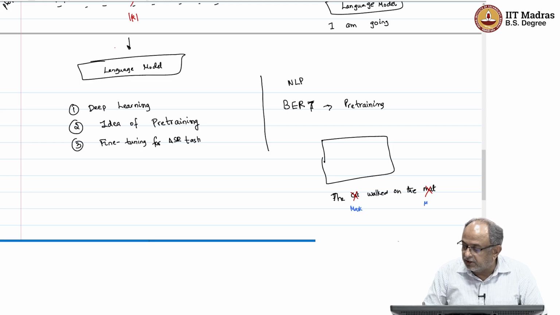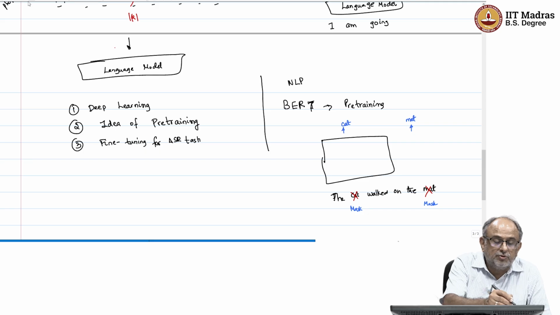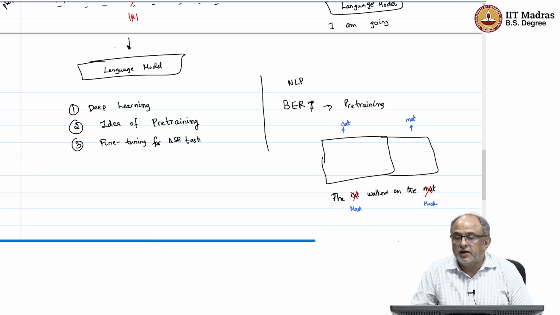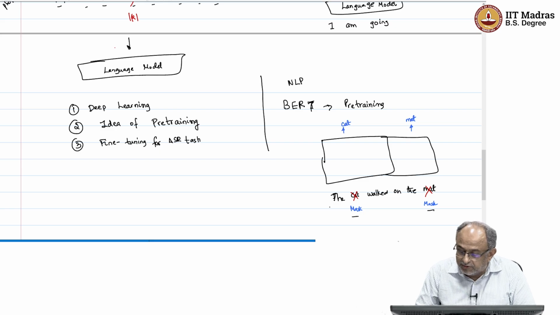So, here also there can be some masking, and we try to predict the word cat and the word mat. We are going to use the masked loss here, and then we train this network, given the context. So, these two are not available, and the system is using the context to predict the words cat and mat, even though we have masked them in the input.